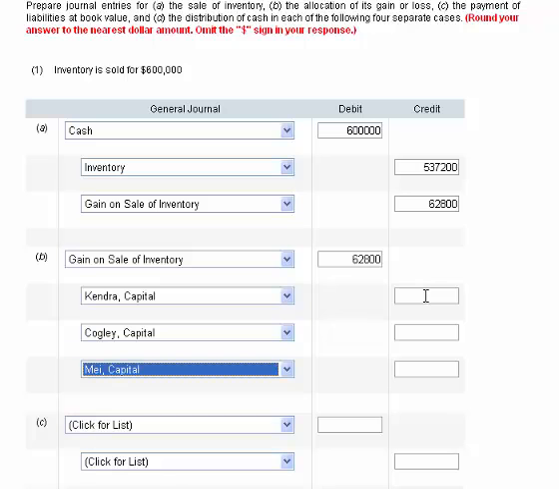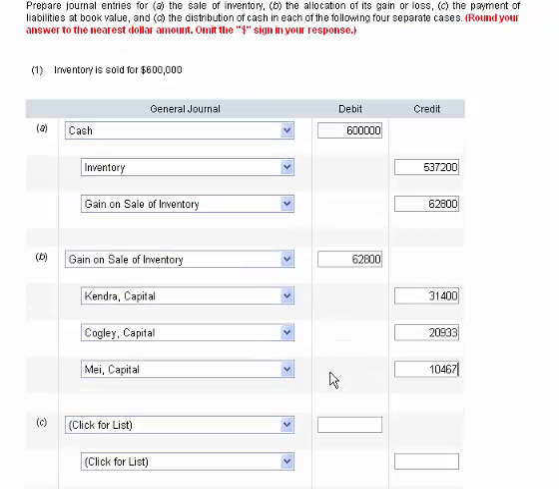So 3/6, Kendra is going to get half of that, or 31,400. Cogley will get 1/3 of that, or 20,933. And May gets 1/6 of that, or 10,467. You might have to use Excel or a calculator to do those calculations. But that's how we allocate the gain.